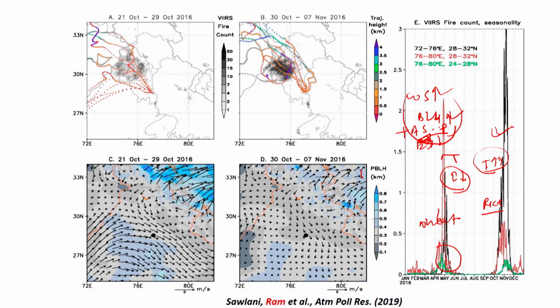In contrast, if you see here, what is happening here? During the winter season or rice season, October, November is the time period where we cut the rice actually, right? We harvest the rice. So, what will happen? Wind speed is already reduced, boundary layer starts to reduce, and then you have less ventilation, and of course temperature is becoming low, and this all contributes, and of course emission is already increased.